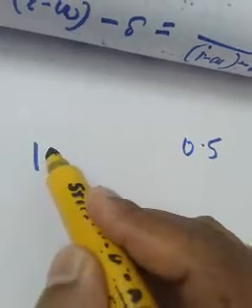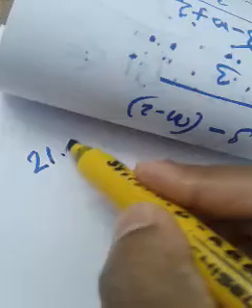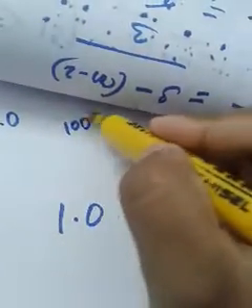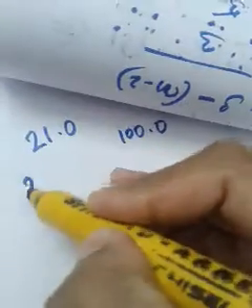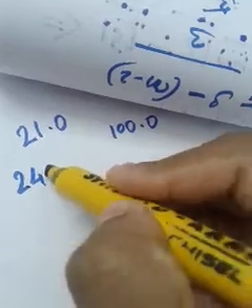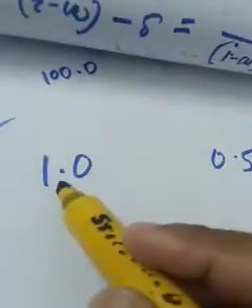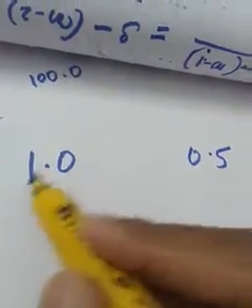1 can be expressed as 1.0, or 21 can be expressed as 21.0. 100 can be expressed as 100.0. 24 can be expressed as 24.0. Just like that, 1 can be expressed as 1.0.